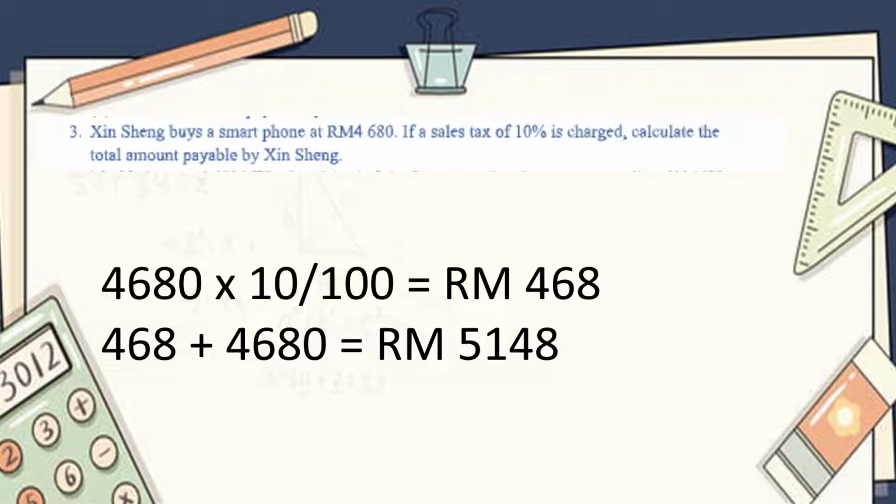Next, we will add the exact price of the smartphone, which is 4,680 ringgit, to the 10% charge tax, which is 468 ringgit. And we will get the total amount payable by Xing, which is 5,148 ringgit.